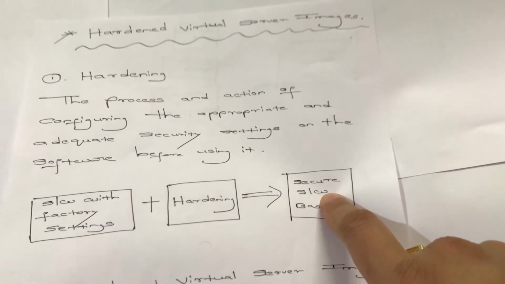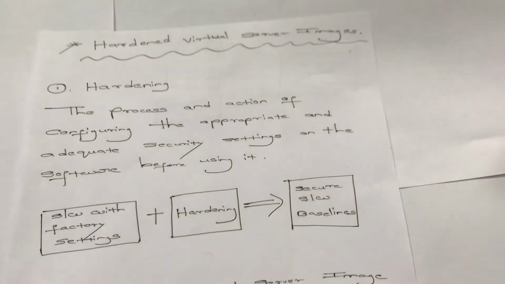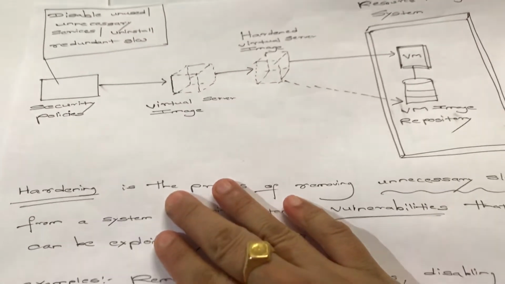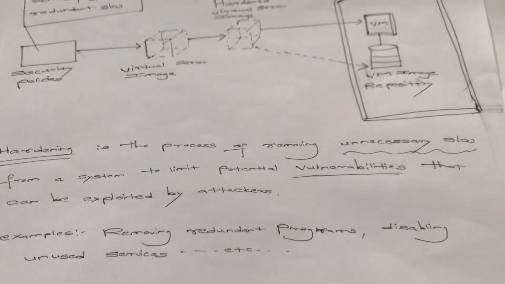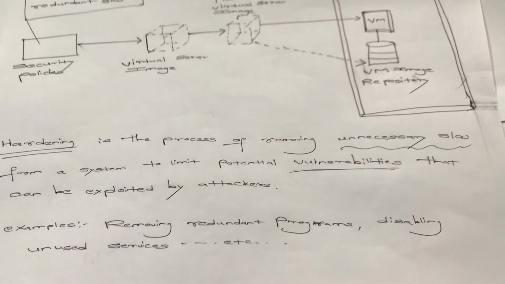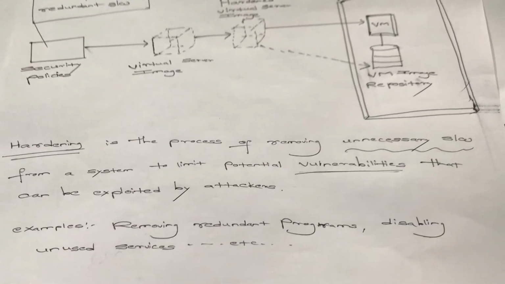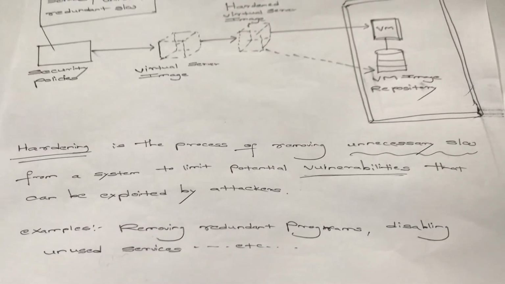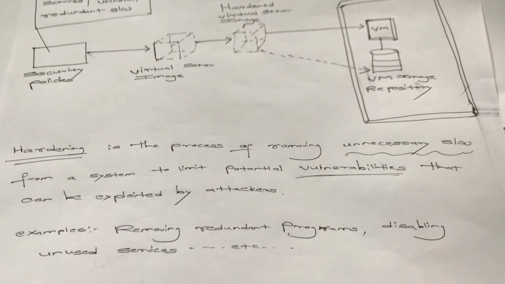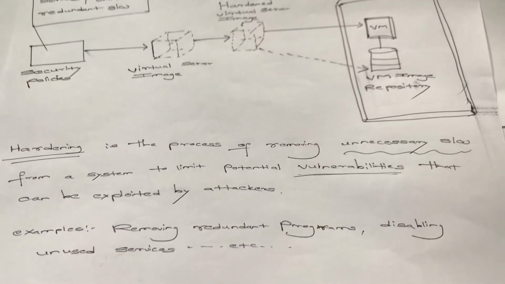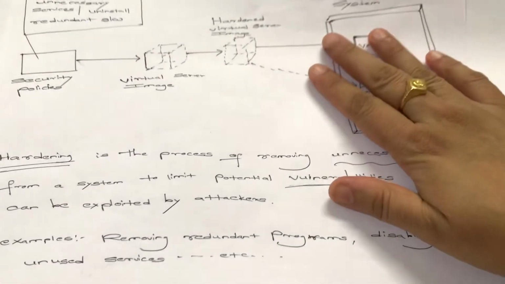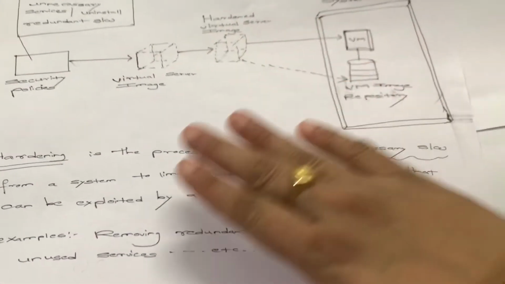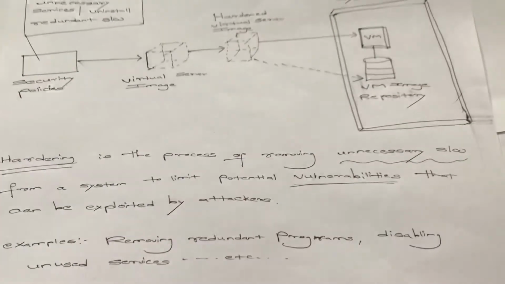For better understanding, I'll give one more definition: hardening is the process of removing unnecessary software from a system to limit potential vulnerabilities that can be exploited by attackers. This diagram I will explain later. So what does this definition say?